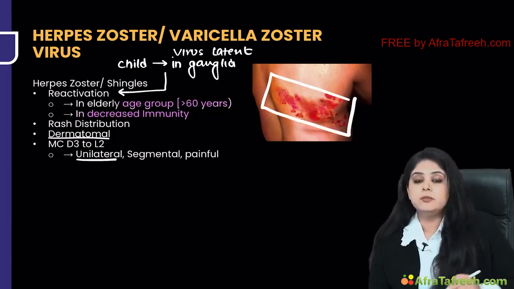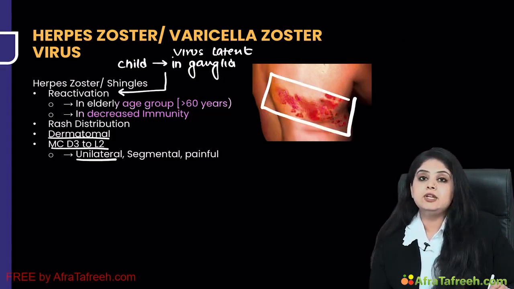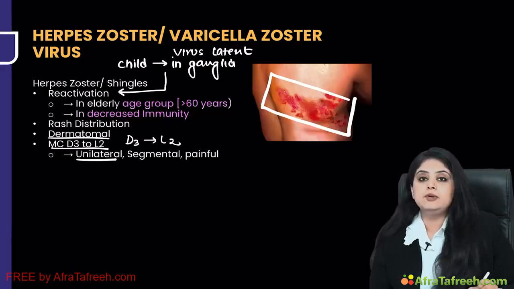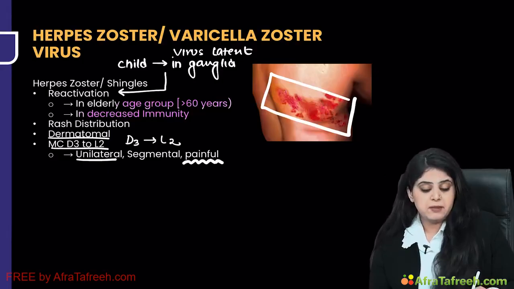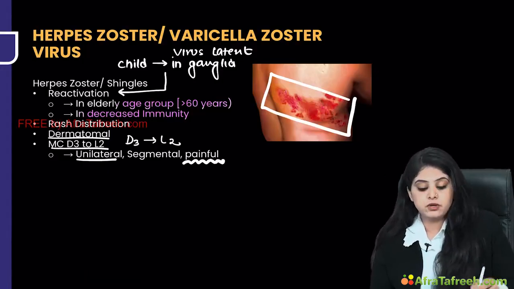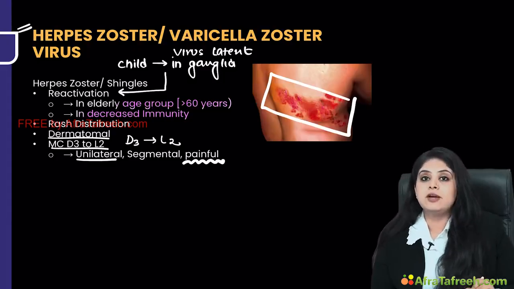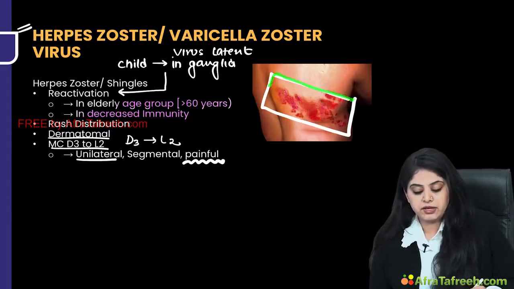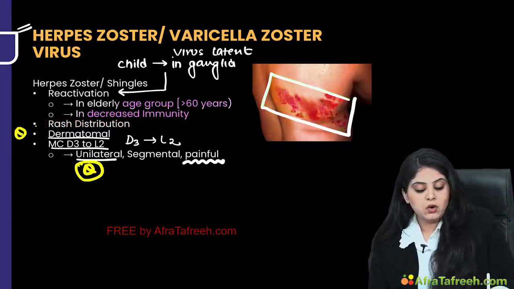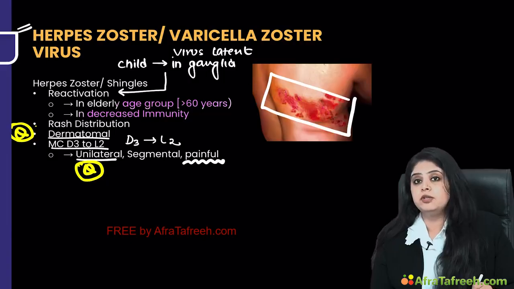According to the dermatomes, most commonly D3 to L2 dermatome is affected, and one very important point is that this is a painful rash. Pain is a feature of herpes zoster that you have to consider. Always remember unilateral. This is a big hint.